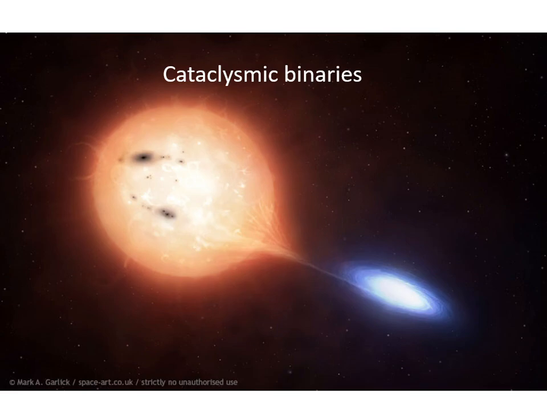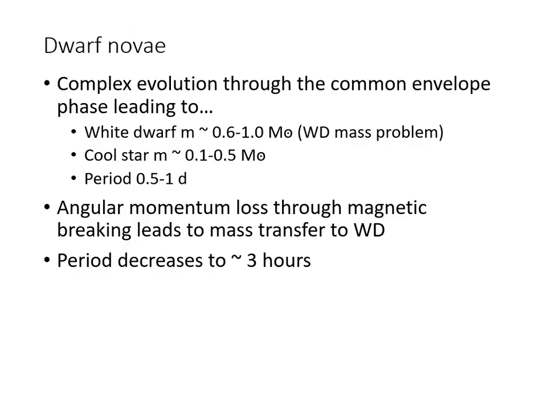Right, cataclysmic binaries. Evolution, as I mentioned earlier, goes through the common envelope phase, and you end up with a white dwarf of half to one solar mass and a cool star.